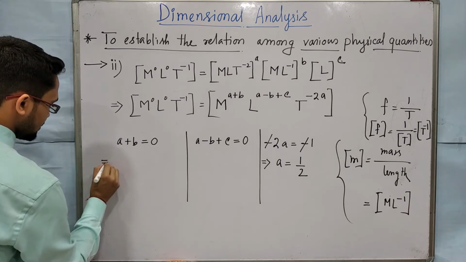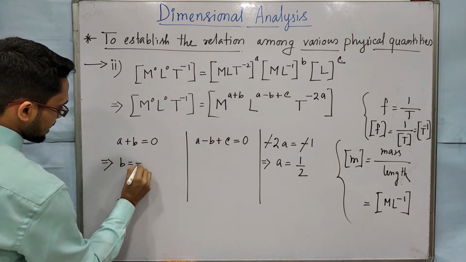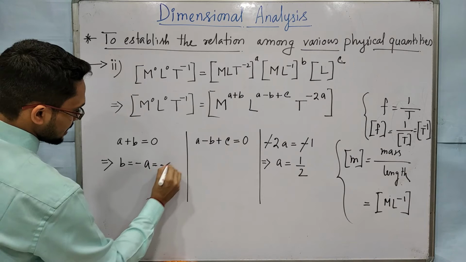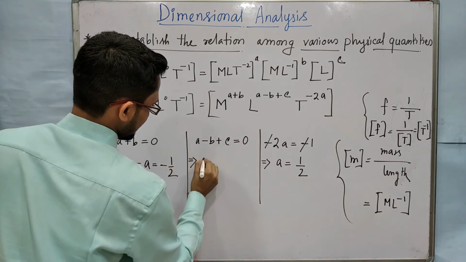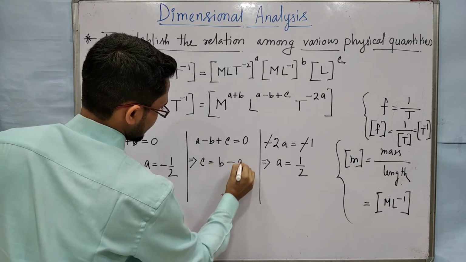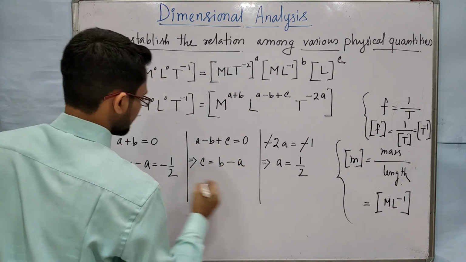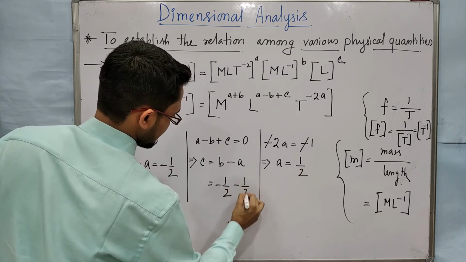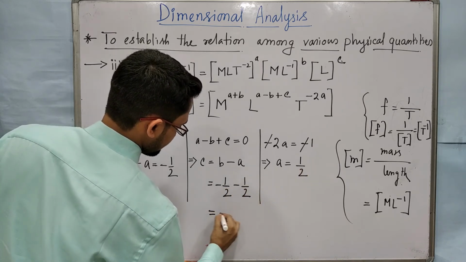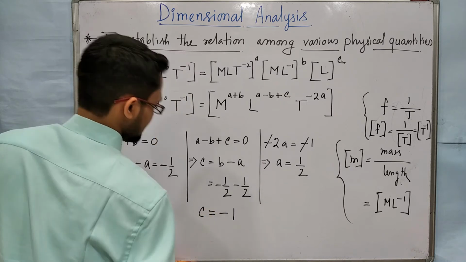Now come here, B is minus A, that means minus half. And C equal to B minus A, so B is minus half and A is half, that means minus half minus half, minus 1, so C is minus 1.